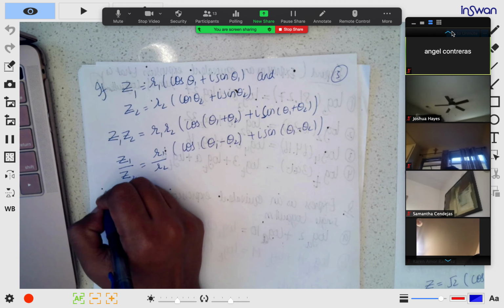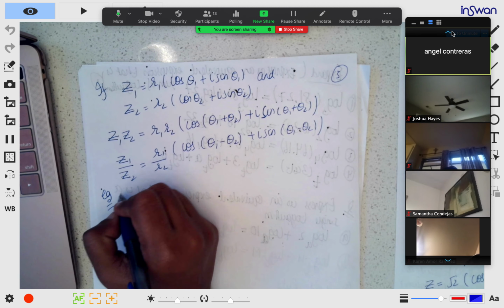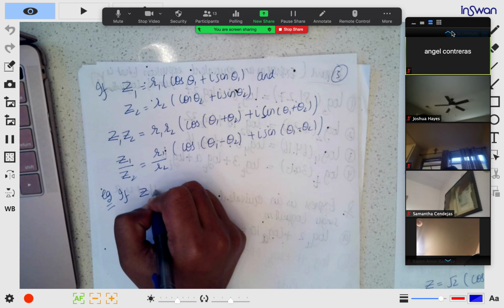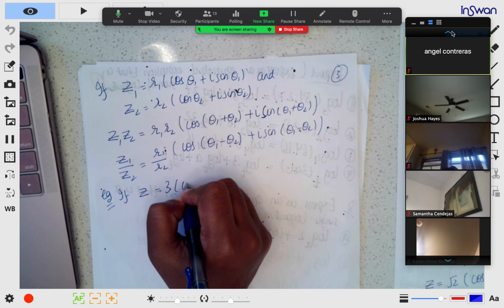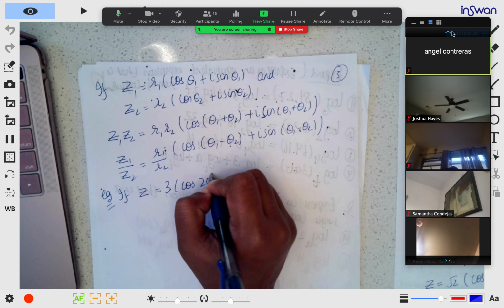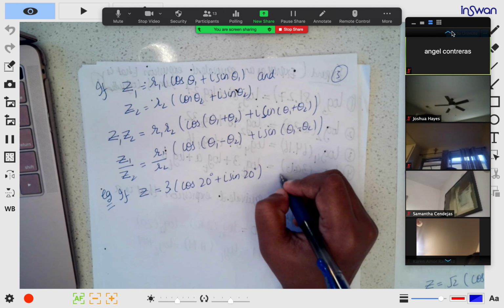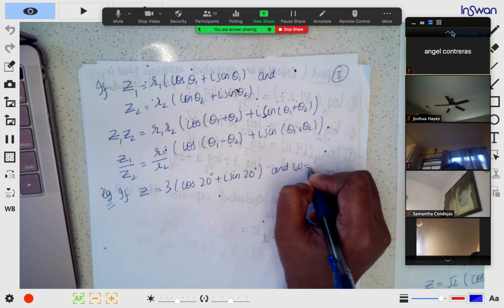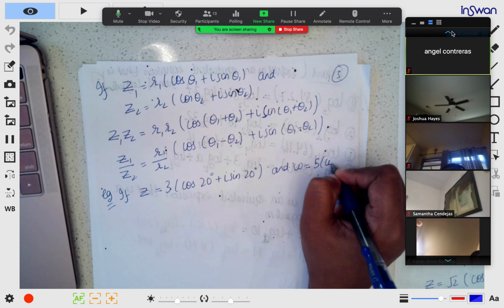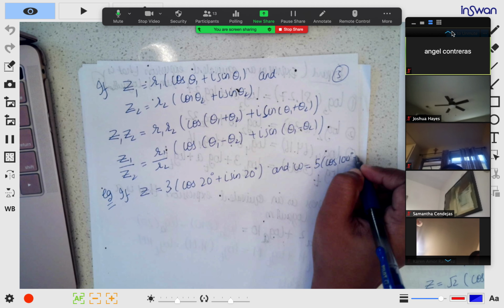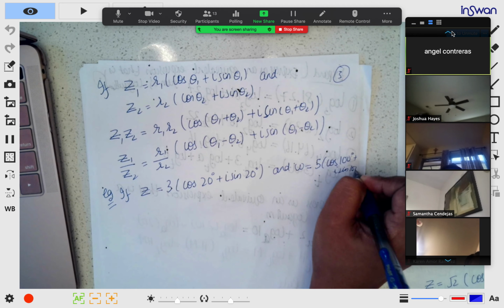Example, if you are given z is equal to 3 cosine 20 degrees plus i sine 20 degrees, and you're given w as 5 cosine 100 degrees plus i sine 100 degrees.